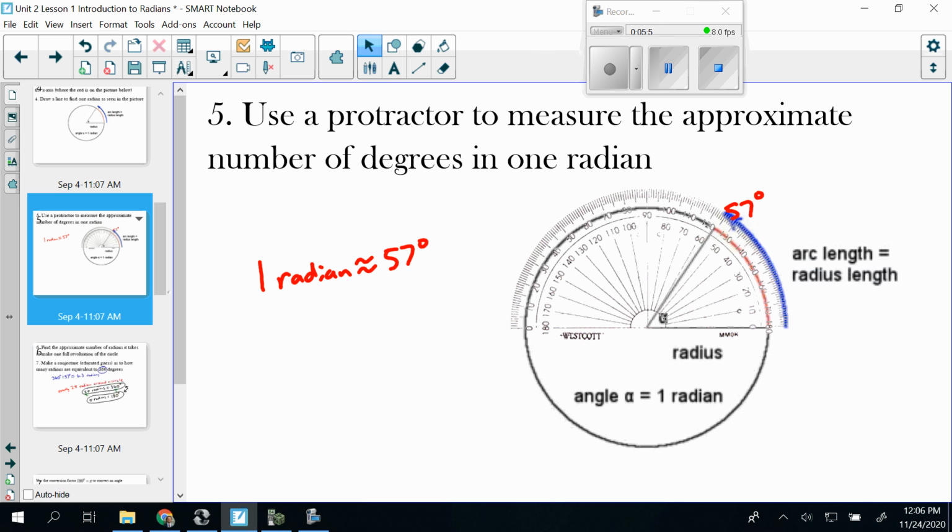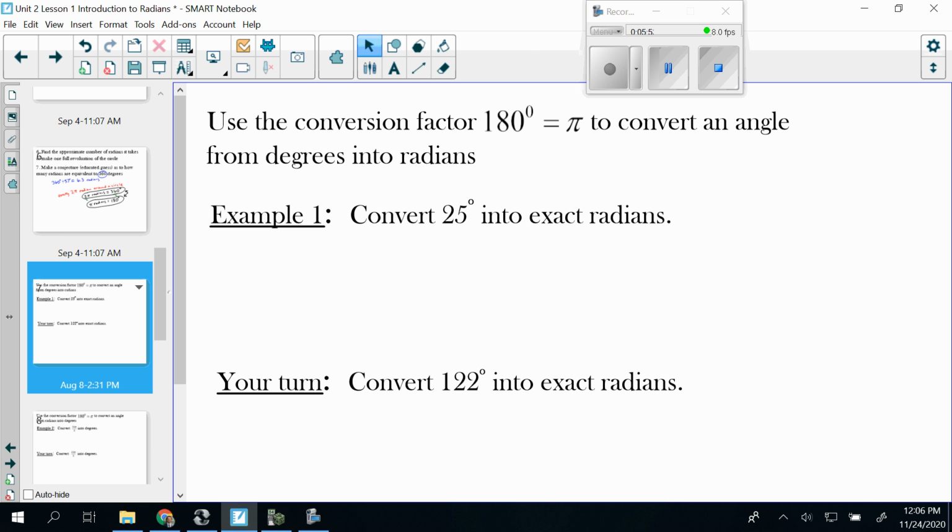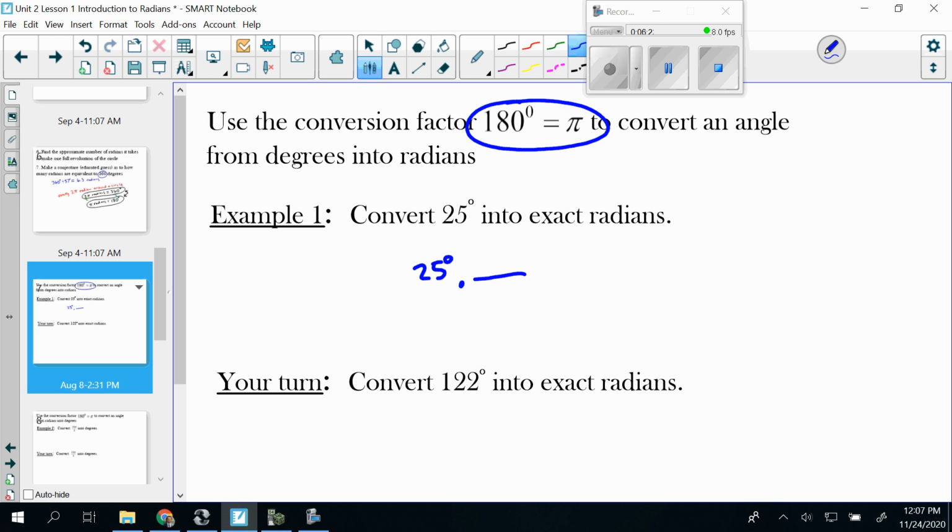All right, so let's see if we can do a little angle math and some conversion. Example 1 wants us to convert 25 degrees into exact radians. We're going to start with our degrees, 25 degrees, and use our conversion of 180 degrees equaling pi. We're going to multiply this by a conversion factor, which is always going to be some kind of fraction.